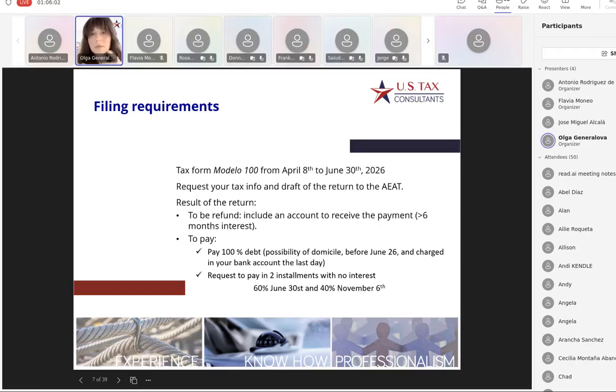Be careful, because some foreign banks have an ES-IBAN, but they are not collaborators. For example, Revolut. So you cannot use them for direct debit. And also, when you open your bank account, ask your bank to report the account to the tax agency as soon as possible, so you avoid last-minute headaches.